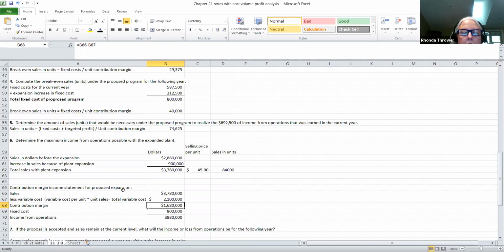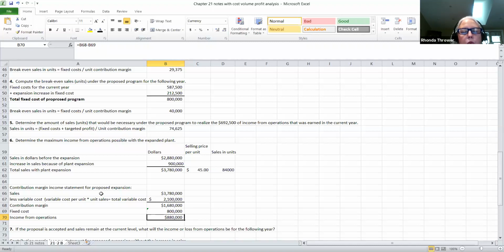Now remember, this is an income statement for the proposed expansion, which means that we had additional fixed cost because of the expansion, and our total fixed cost now with the expansion are $800,000. So when we subtract our fixed cost from the contribution margin, it will give you the income from operations at $880,000.